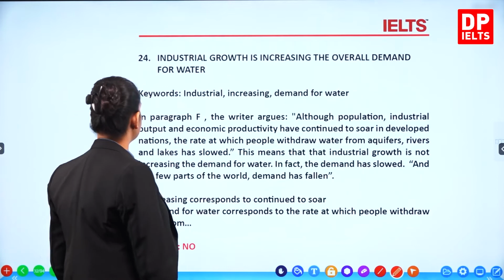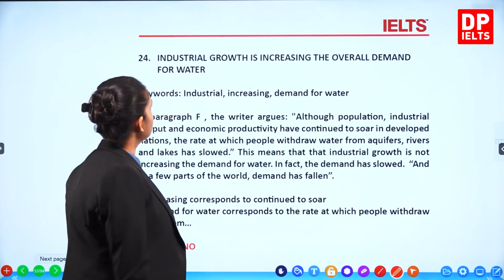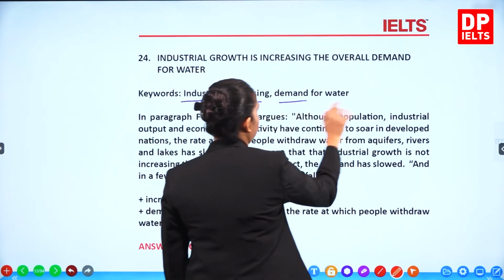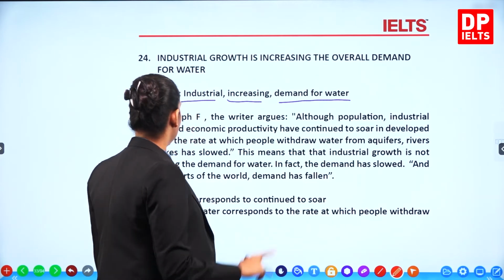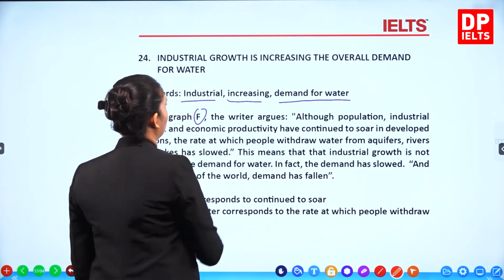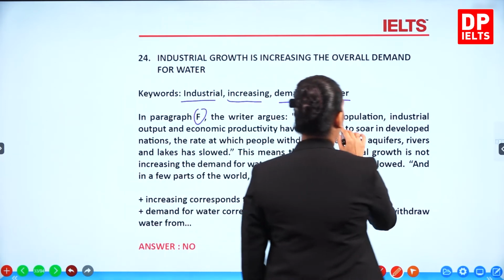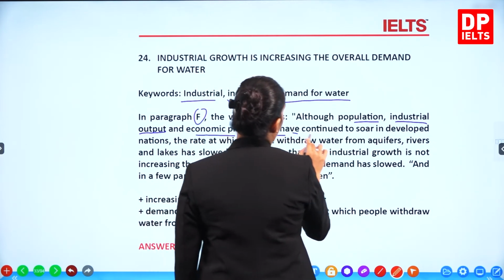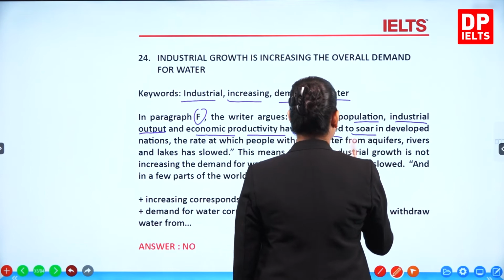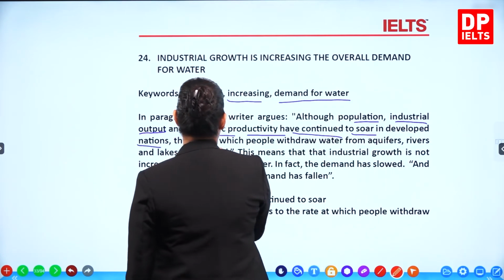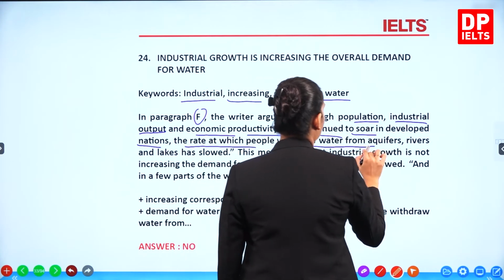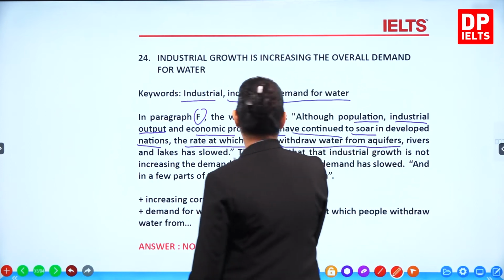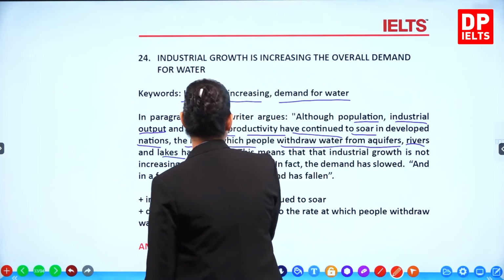Right. So moving on to the next question, 24. Industrial growth is increasing the overall demand of water. Industrial, increasing demand for water are the keywords. In paragraph F, the writer argues, although population, industrial output and economic productivity have continued to soar, in developed nations, the rate at which people withdraw water from aquifers, rivers and lakes has slowed, right?